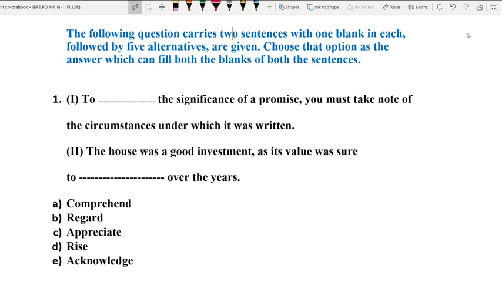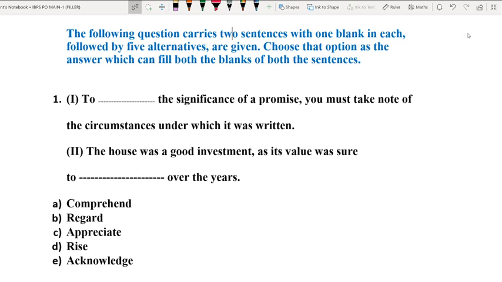Second, we must read the sentence from the beginning to the end. Third, we must look at the word or words that come before or after the blanks, and then certain words in the sentences will provide you the clue as to which option is going to be the correct answer for you. So now let's get started.